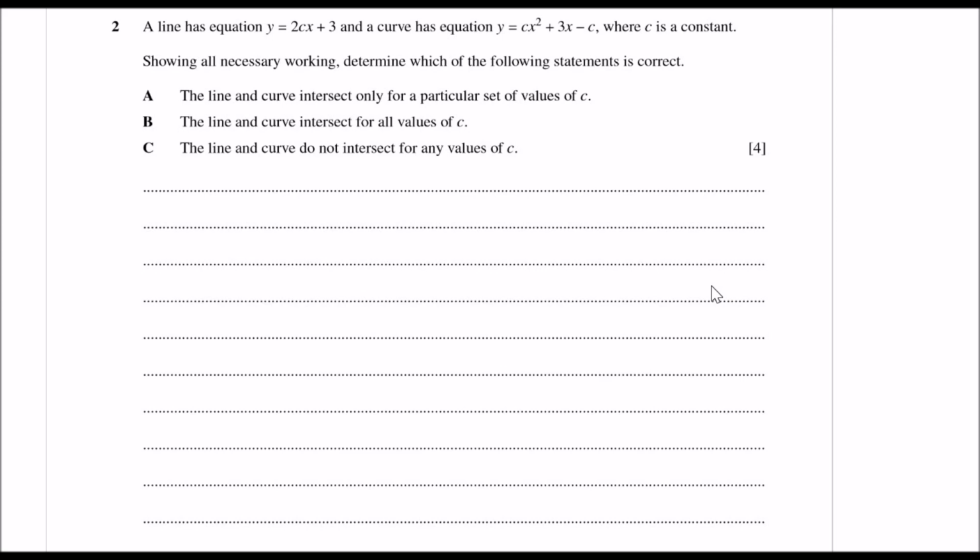So see, it says that a line has equation y equal to 2cx plus 3 and curve has the equation y equal to cx square plus 3x minus c, right? Now if they are intersecting, they must be equal, right? So first of all we write them equal.